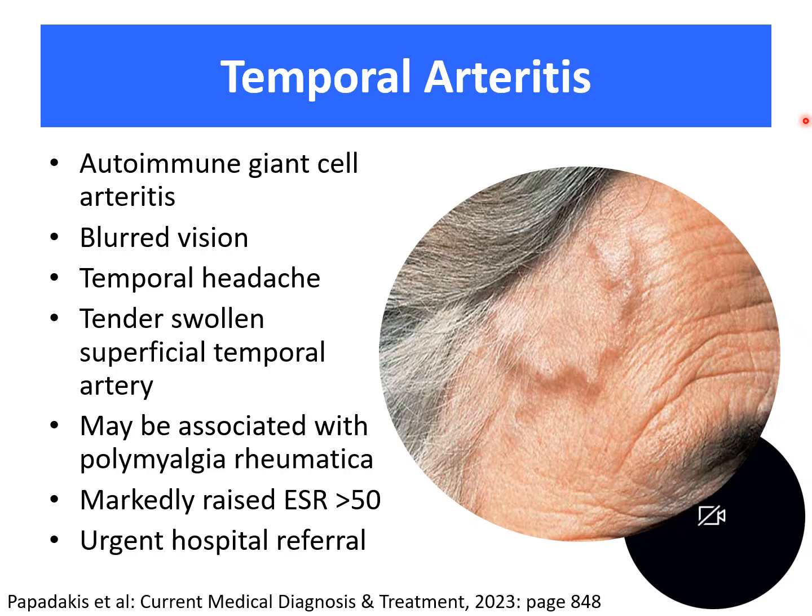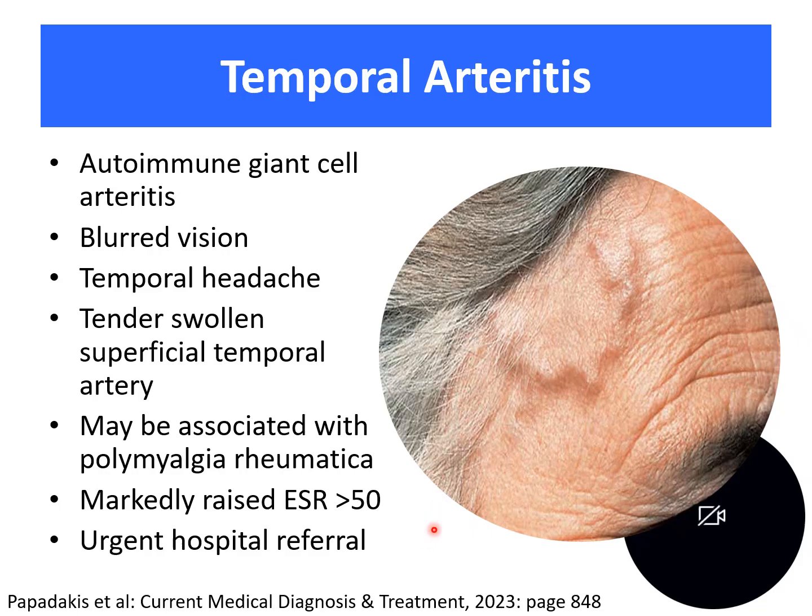Blurred vision is going to bring them into the doctor's office. You are going to palpate the temporal region where they say my headache is here, and you will then be able to identify a tender, swollen branch of the superficial temporal artery.